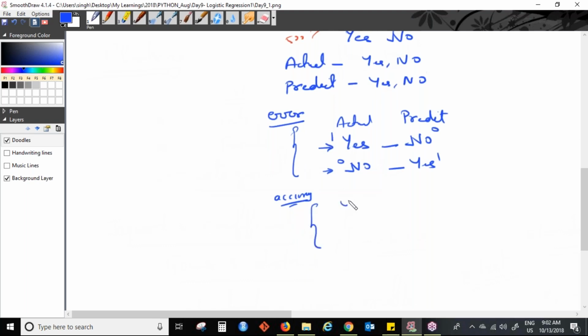So you can be good in cases where actually it is a yes and you also predicted a yes, so actually a 1 and you predicted a 1, and actually it is a no and you also predicted a no, so 0 for 0. These are the two cases of accuracy, and these are the two cases of errors that you can have. There is no other possible case here. Either of these four will happen.